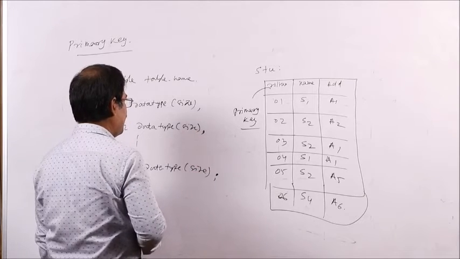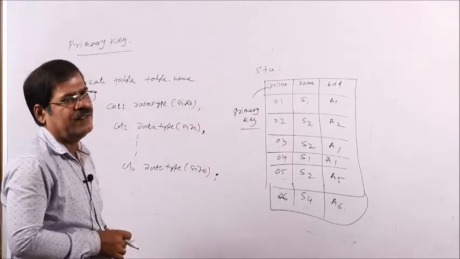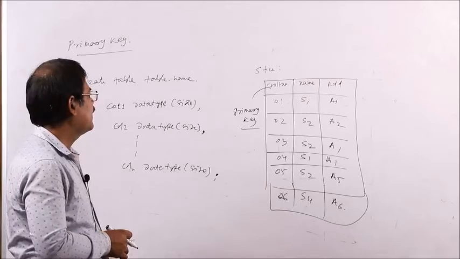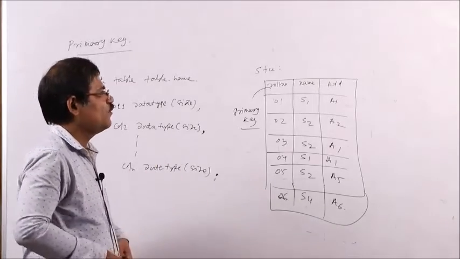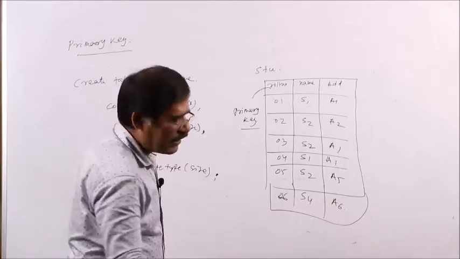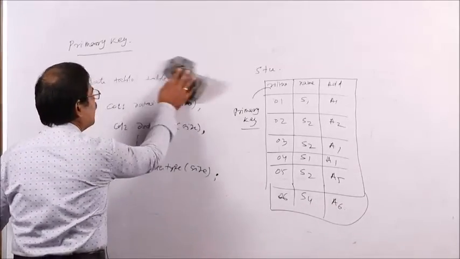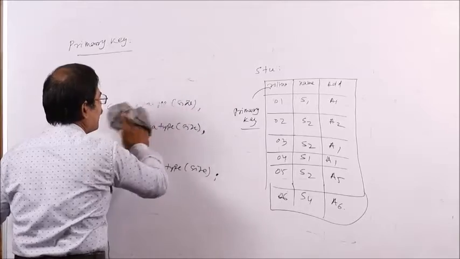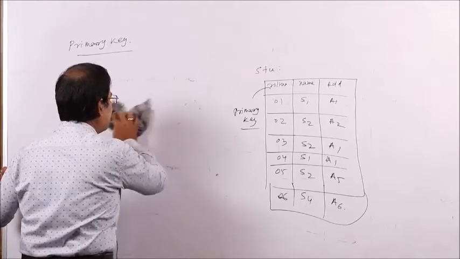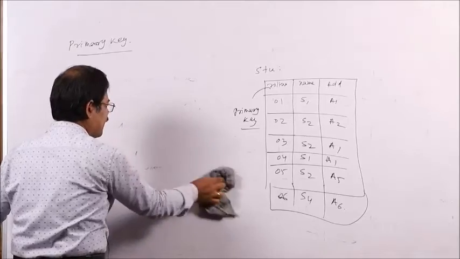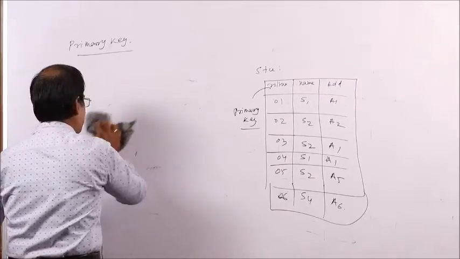Here I am not defining any primary key, I simply write create table name and define the attributes. Suppose without using a primary key I am creating the table, let it be the student table. I am showing you the distinction between defining a primary key and not defining one, and what problem arises.